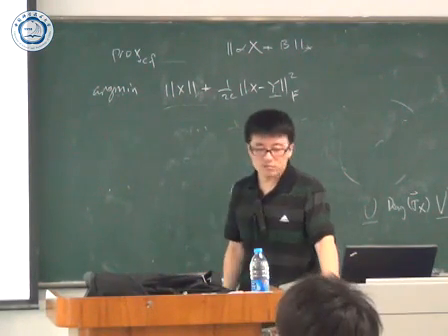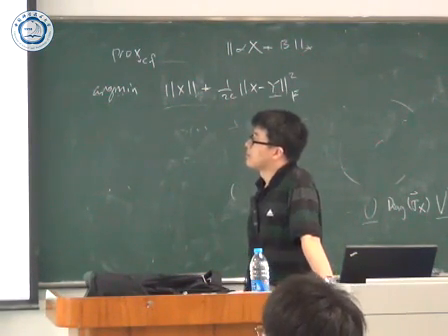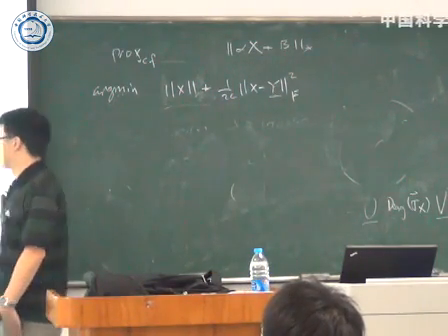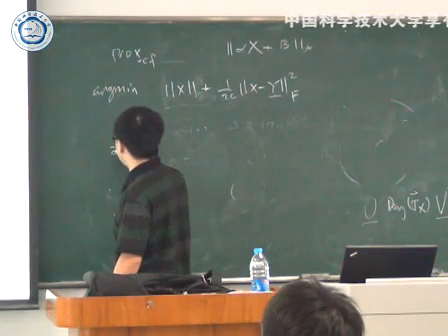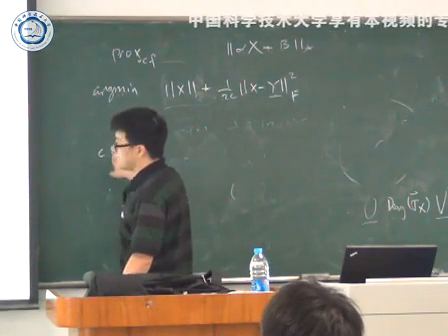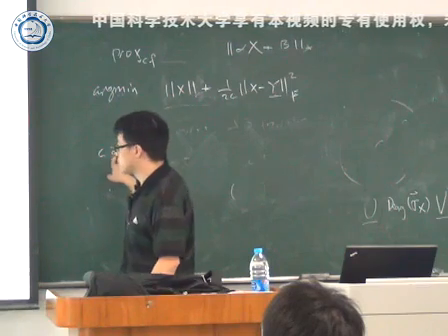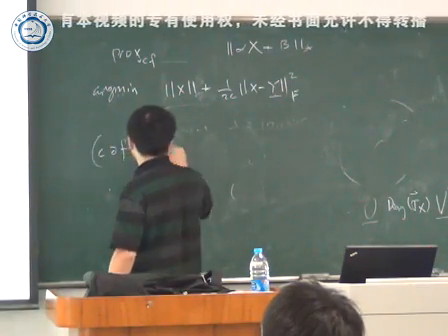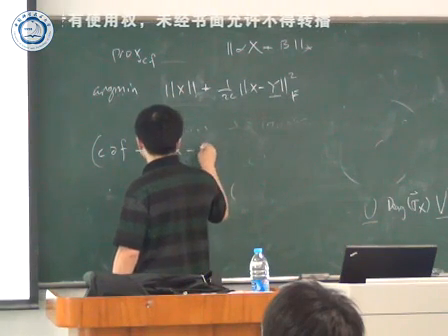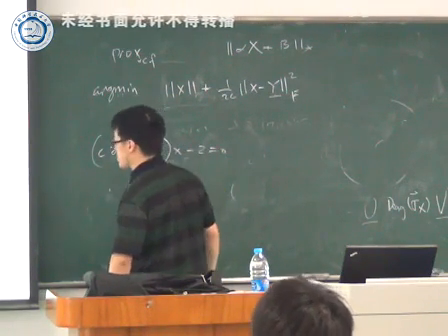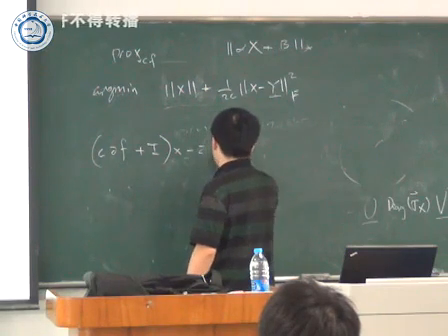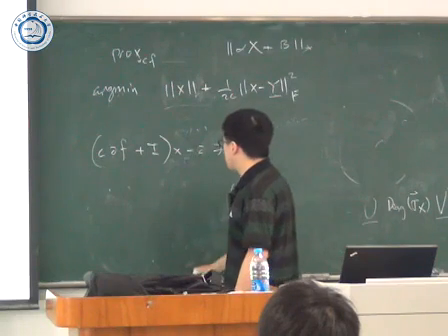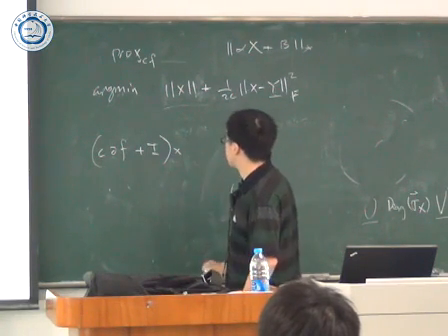You look at this: this is c partial f, and you treat it as an operator, plus identity, applied to x, minus z, equals 0. So 0 is in this set. This is a set. I can move z to the right-hand side. So z is in this set.